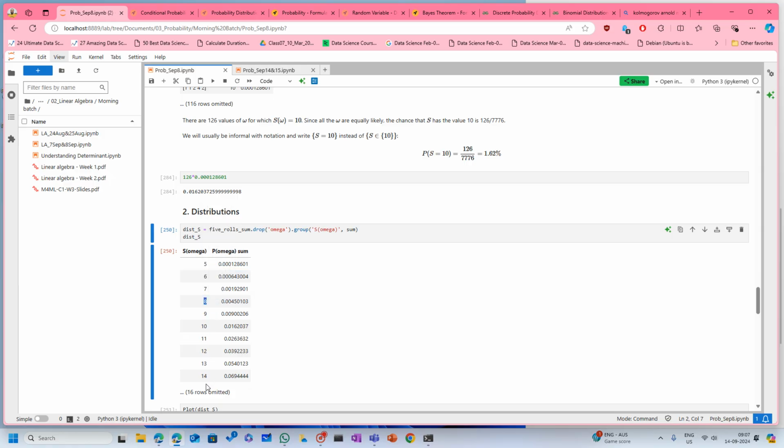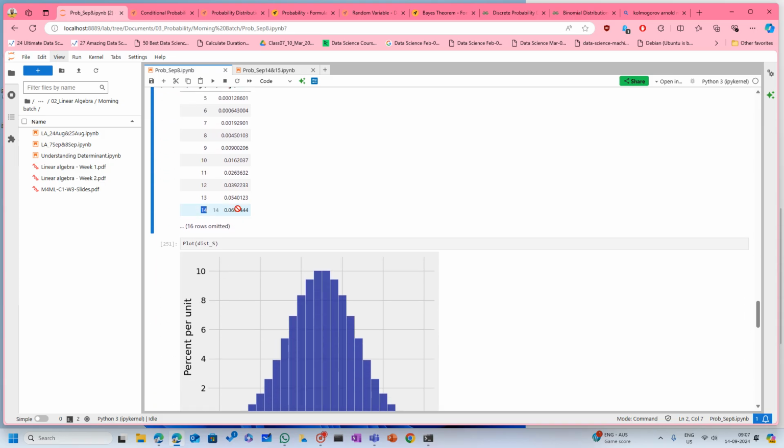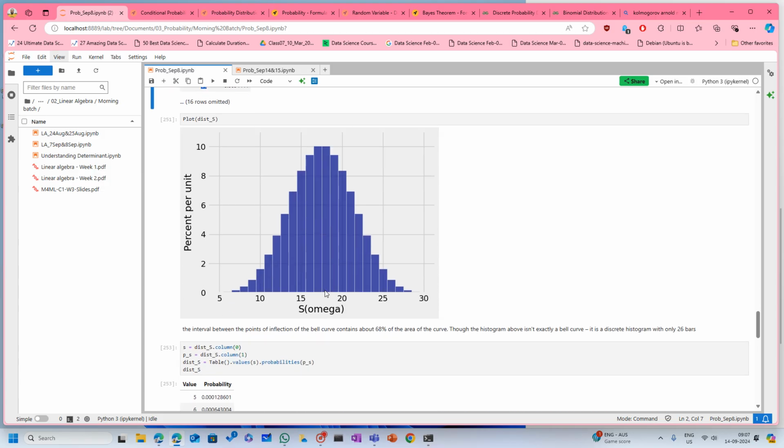So these probabilities we have calculated, and as you can see, the lesser the sum, lower is the probability, higher the sum, higher is the probability, and this keeps happening until it reaches a certain point. Let's just say this bar is 18. After it reaches the point of 18, it starts to decrease.